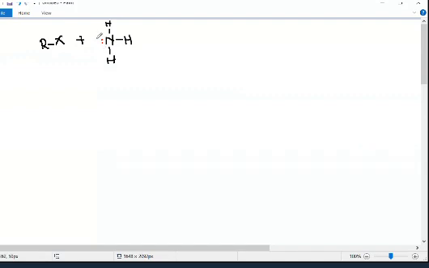So what happened, like in the other previous case, is that we end up having this being partially positive, and the partially negative becomes a very good leaving group. So this one has donated electrons. So that tells us that here we are having now our amine, that is ammonia.